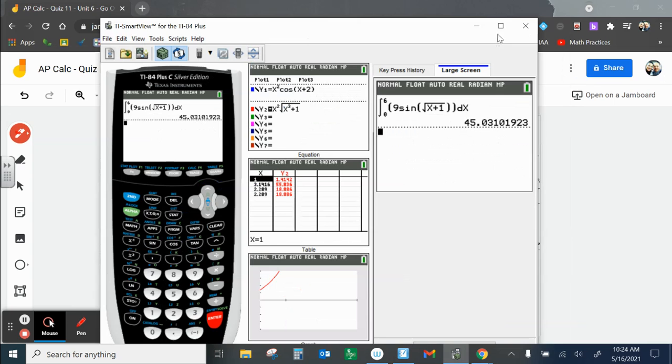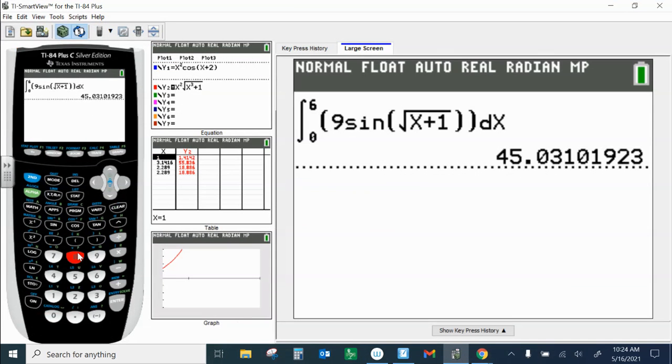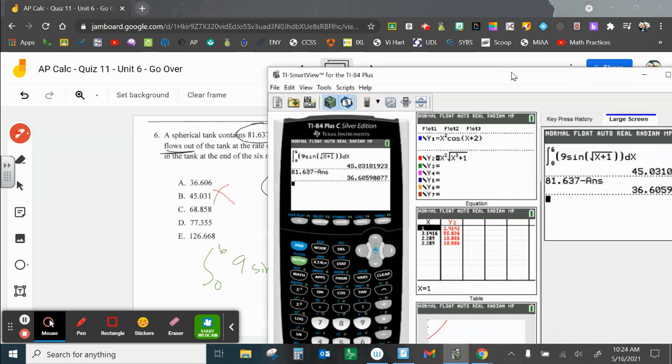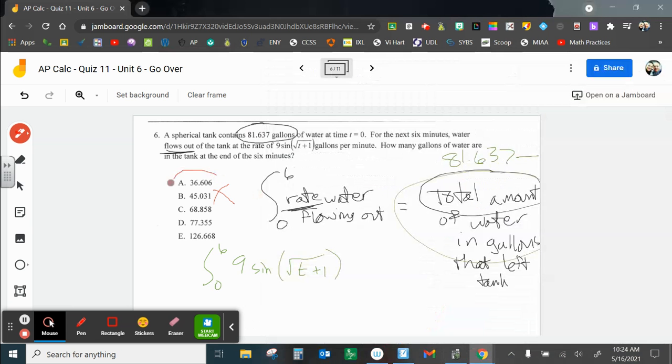And here's a little thing we can do so we don't have to remember things. 81.637 minus, and then when I hit second answer, which is above this negative sign, it'll take your last answer so you don't have to retype it in. Perfect. So now 36.605, and that is choice A. And that is the correct answer.